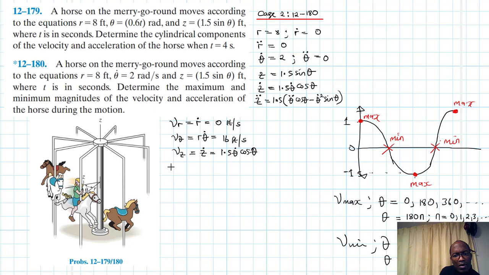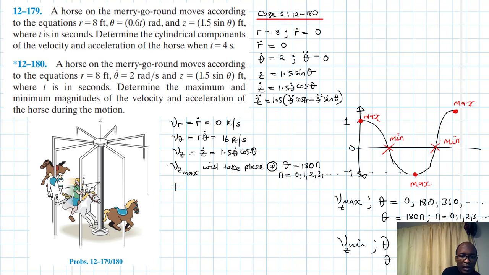So we'll say these are Vz maxes. So Vz max will take place at theta equal to 180 n, where n is equal to 0, 1, 2, 3, and so on.